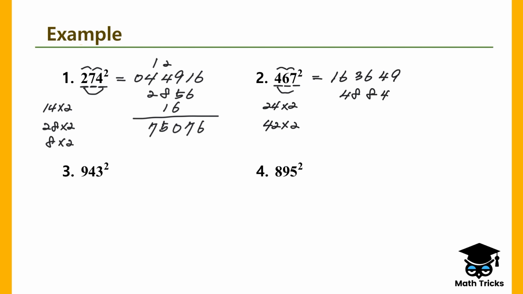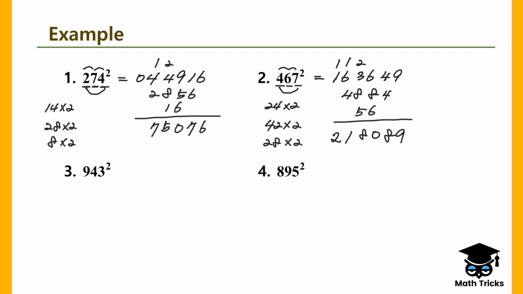And 4 times 7, that's 28. 28 times 2, that's 56. So 9, 8, 14, 20. That's 20, right? 20. And that's 18, 11. 1 plus 1, 2. So the answer is 218089.